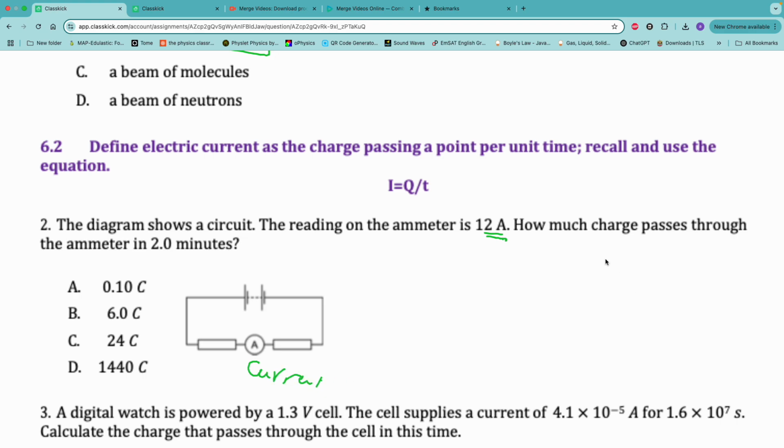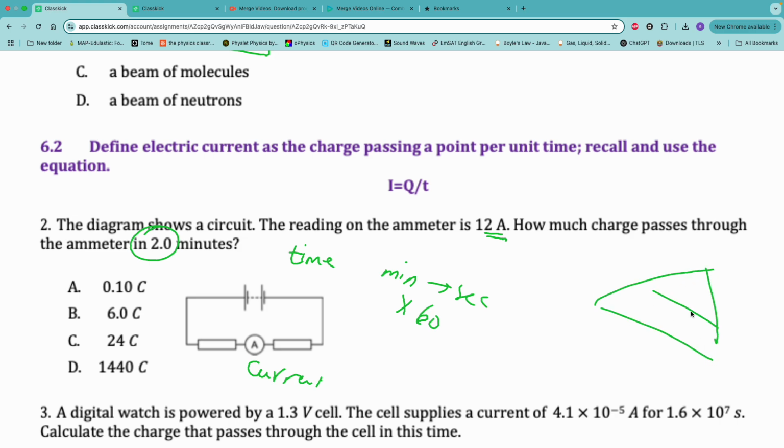How much charge passes through a meter in 20 minutes? Obviously time has to be converted from minutes to seconds. This is easy, just multiply by 60. So we need to find charge. Mainly our formula is I = Q over T. This is division, so multiplication to calculate charge.